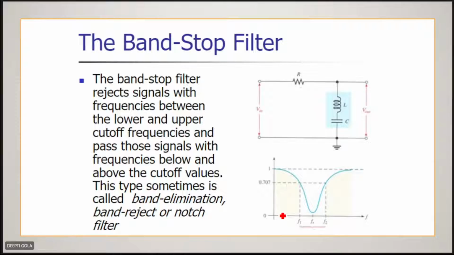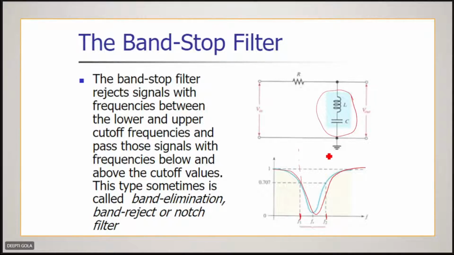Now what will happen if we measure the output at this point, means across the inductance and capacitance? The gain versus frequency plot will be just opposite of what it was for the band pass filter. Our gain versus frequency response will be like this. And now we can say that the region between F1 and F2 will be cut off.